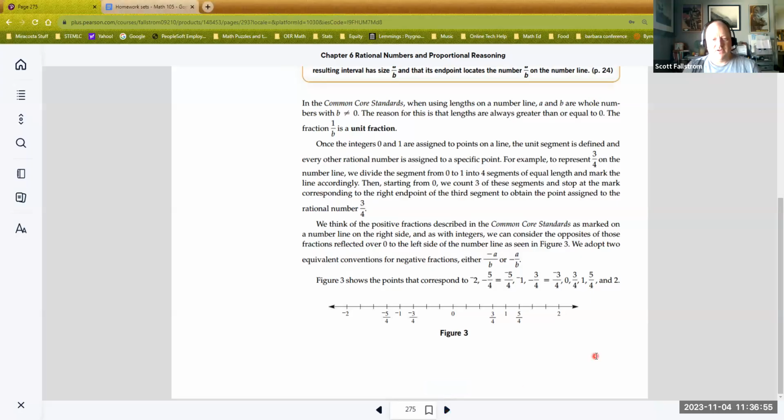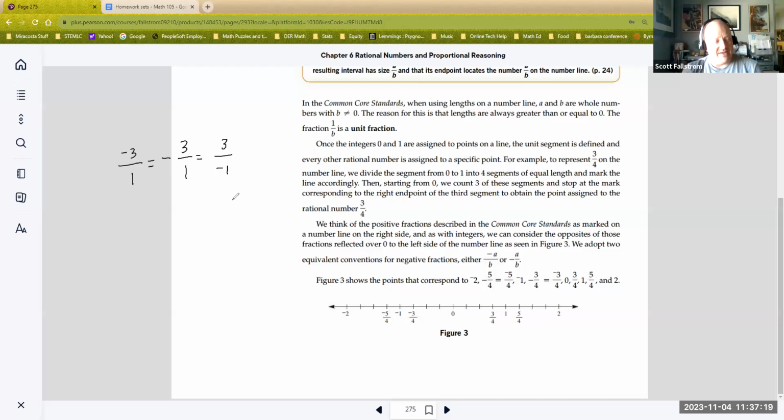That's nice. Oh, and one more thing about negative numbers, just so that we're all on the same page. Remember, it said an integer, so -3/1 is exactly the same as the opposite of 3/1, which is actually the same thing as 3/-1. All 3 of these are the same, but what we do, at least in this country, is we kind of say this one over here, we get the frowny face for.